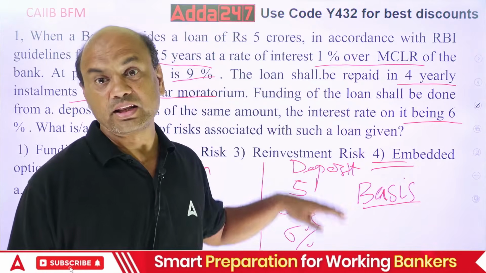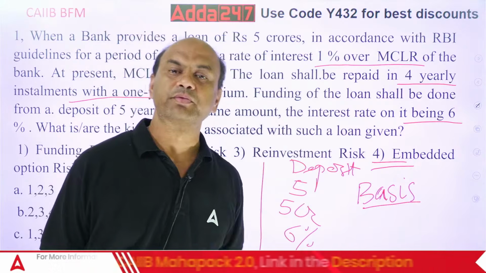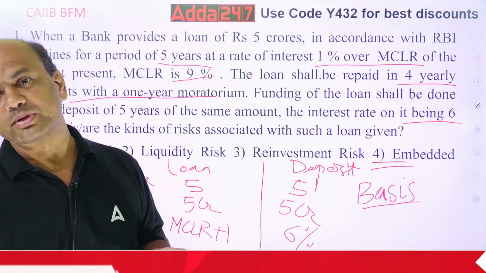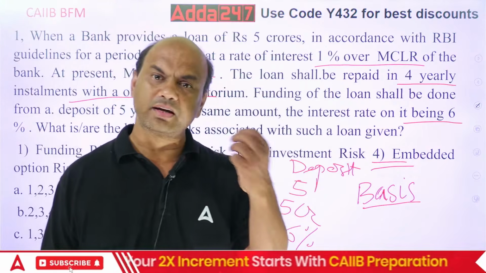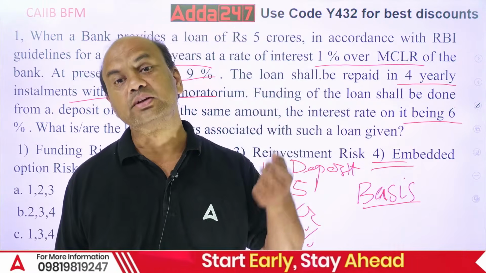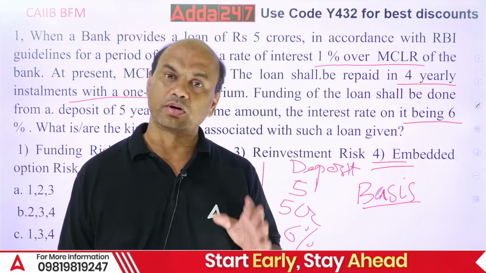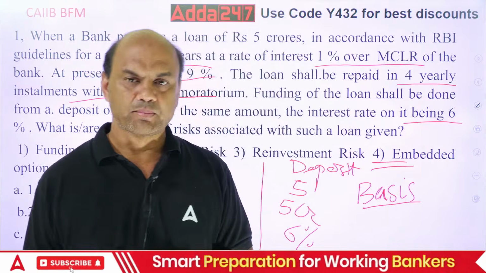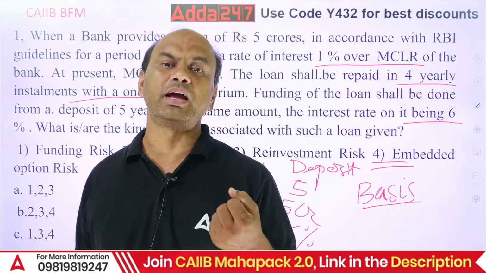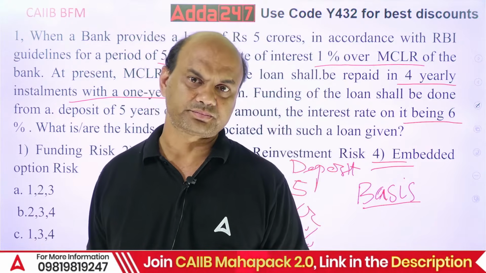Liquidity will face it. Reinvestment risk, that is also one problem. Why? Because reinvestment risk means whatever I have got as interest from that loan, I have to reinvest somewhere. That is called reinvestment risk. Whatever EMI I get, quarterly EMI, this quarterly EMI I have to invest somewhere.